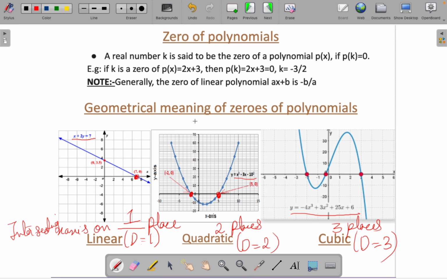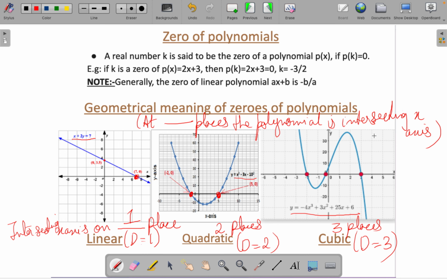So basically what does geometrical meaning mean? At dash places the polynomial is intersecting the x-axis. This is what is meant by geometrical meaning of zeros of a polynomial, right?